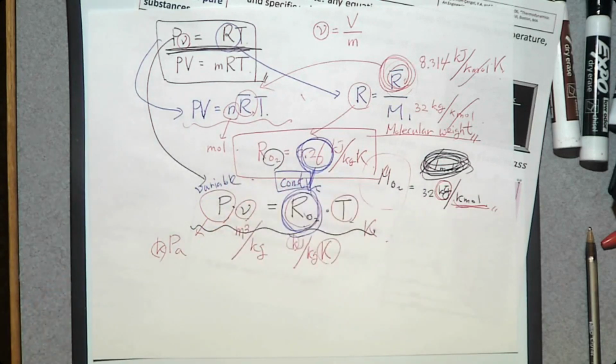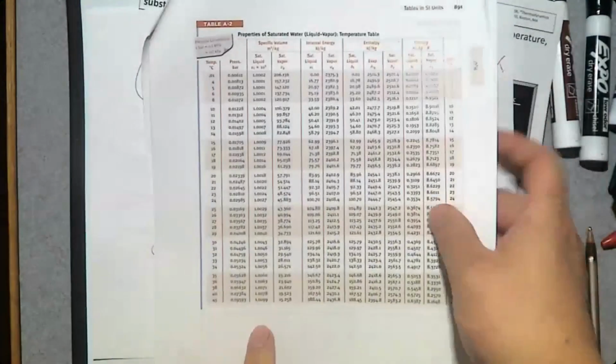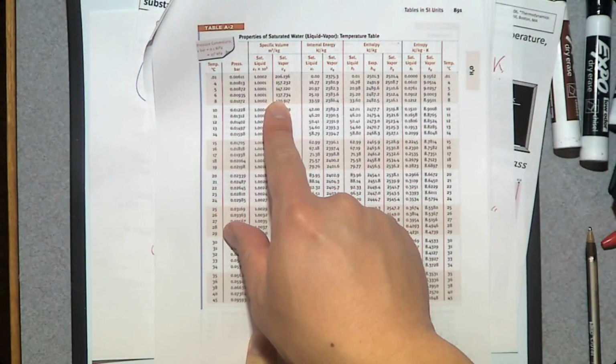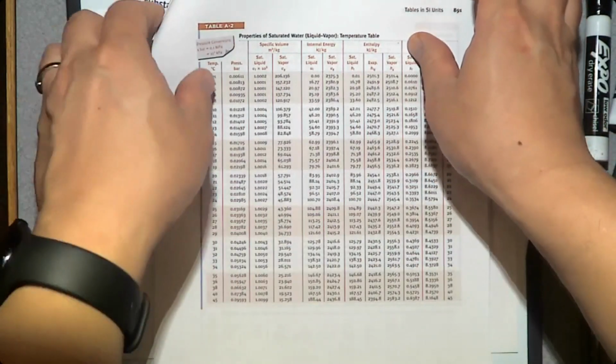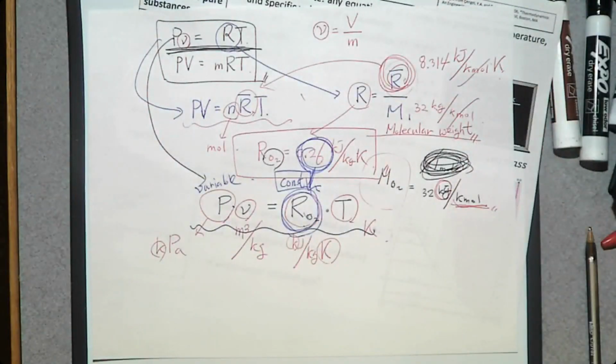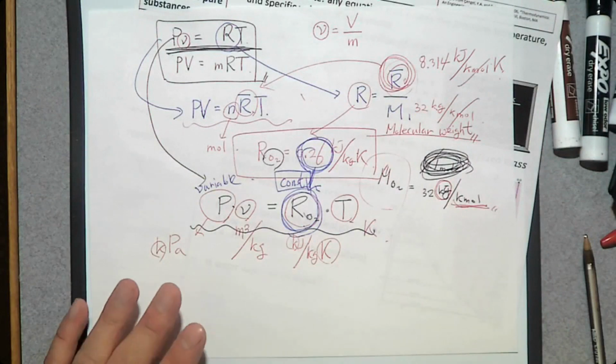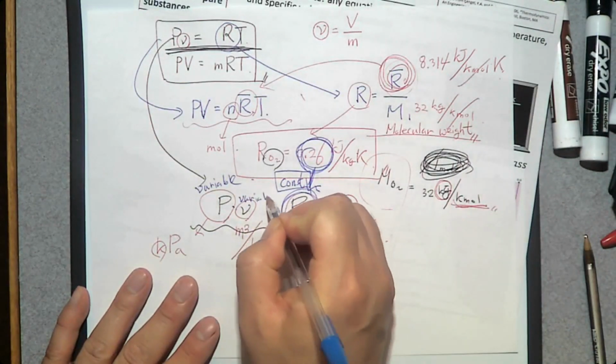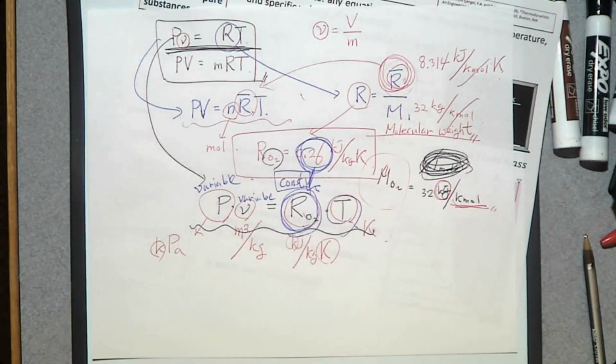What about this specific volume? This specific volume can also be many numbers. For example, if we look at any property table, specific volume v can be 200, 155, 147, depending on pressure and temperature. So specific volume v can also be any number, a variable. Temperature can be any number.